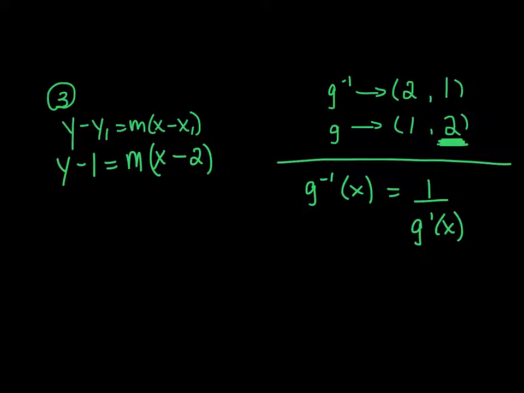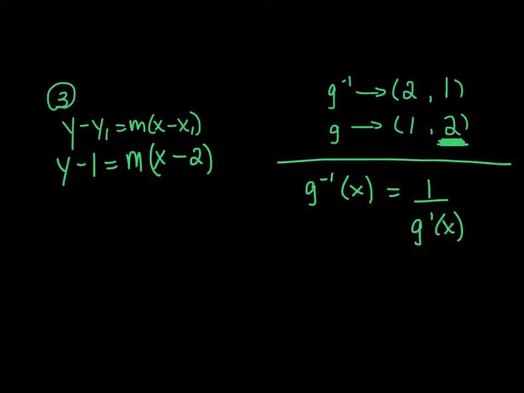We're going to use the x value of 1, because this represents g's derivative, and the x value of g. So we're going to use this x value right there.